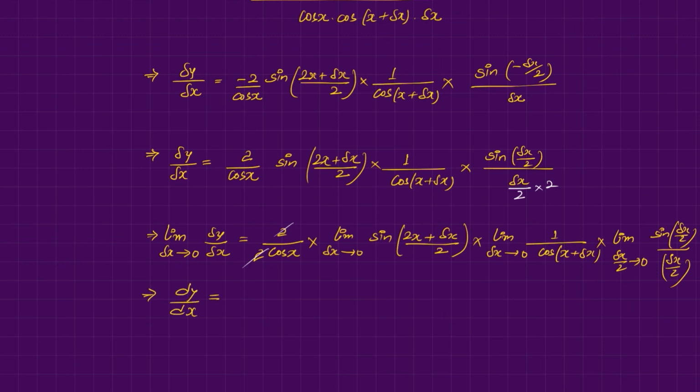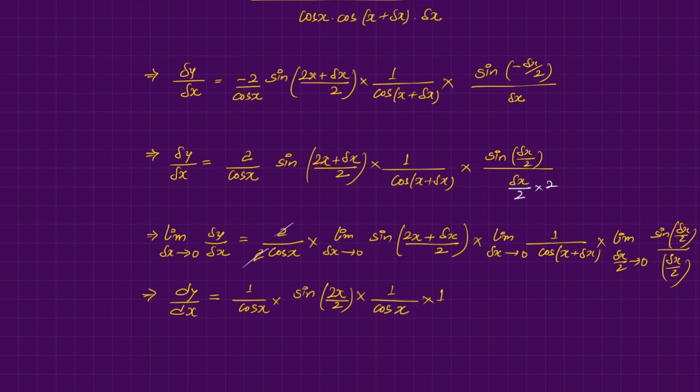So this will be equals to 1 by cos x into sine 2x plus 0 is 2x only, so 2x by 2 into 1 by cos of x into 1.